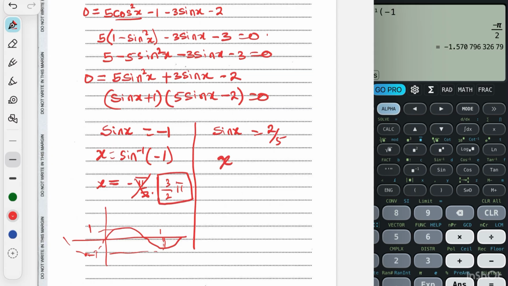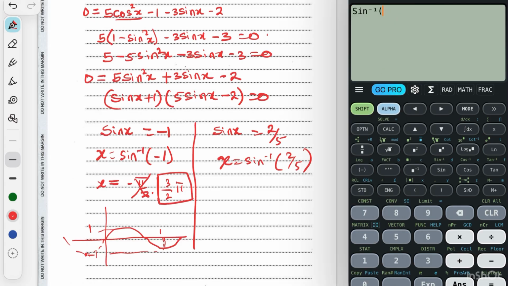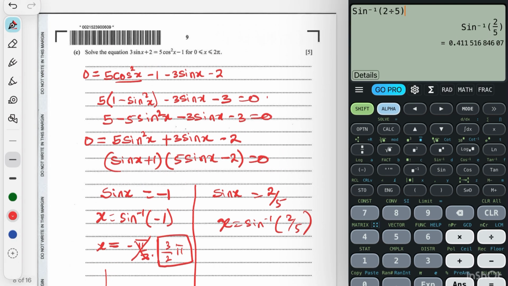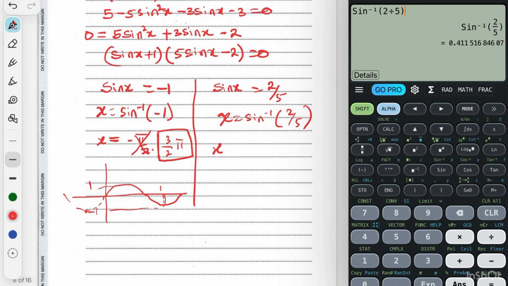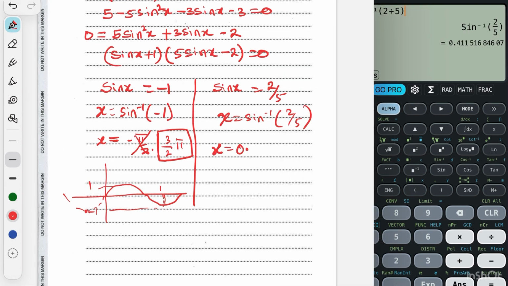Then x is sine inverse of 2 by 5. So let's see sine inverse of 2 by 5. Did they say exact value? No exact. So we get 0.4115.